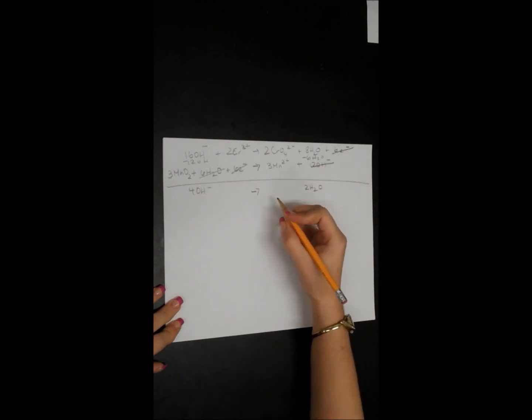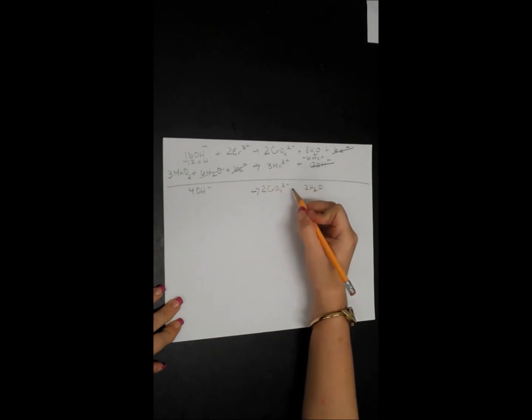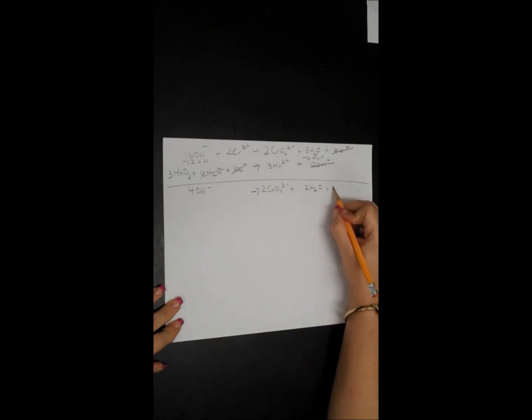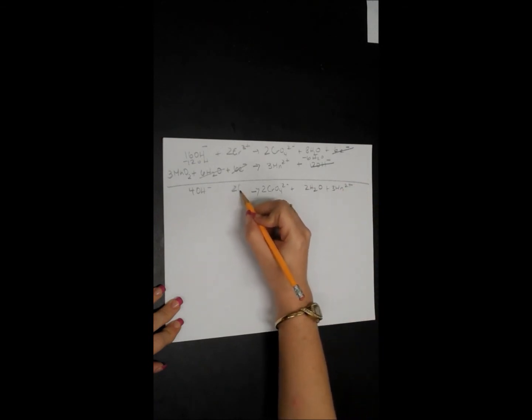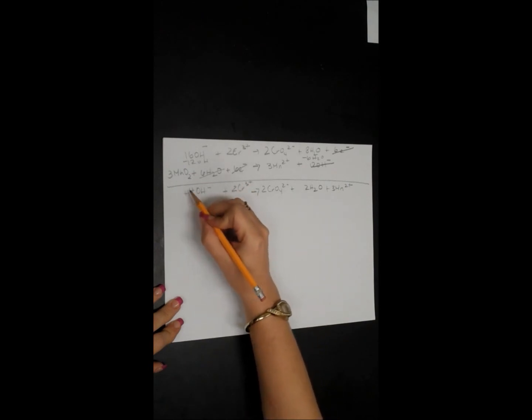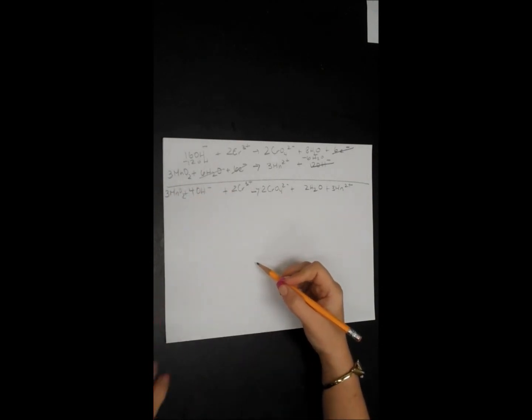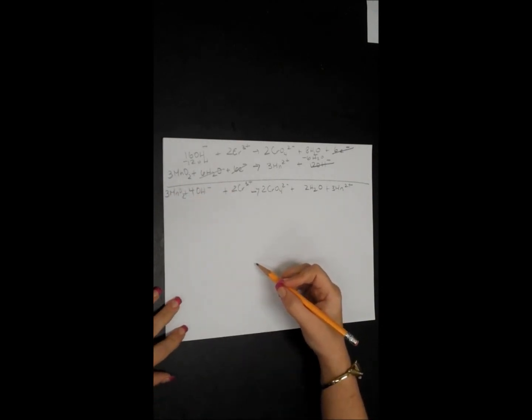Now we can write out our new equation. And this is balancing oxidation reduction reactions of a basic or alkaline solution.